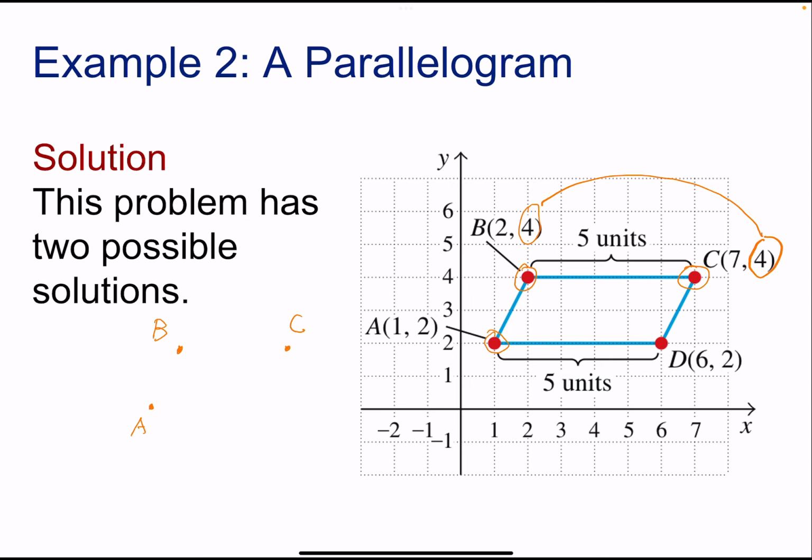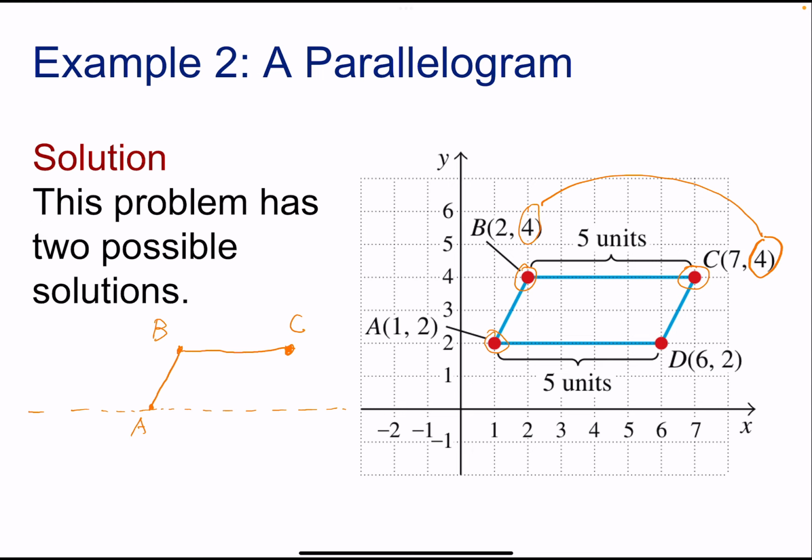Obviously, we already know that AB and BC are fixed, because they are determined by the vertices A, B, and C. We don't know where the vertex D is, but we know that the opposite sides have to be parallel. Therefore, because we know BC, the opposite side through vertex A must be on this line.